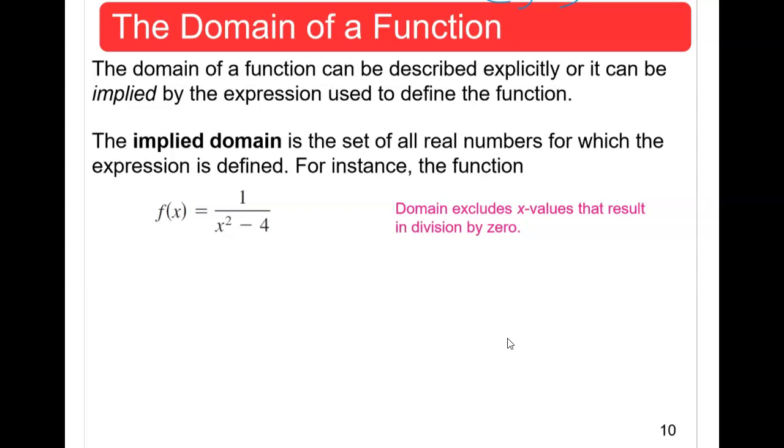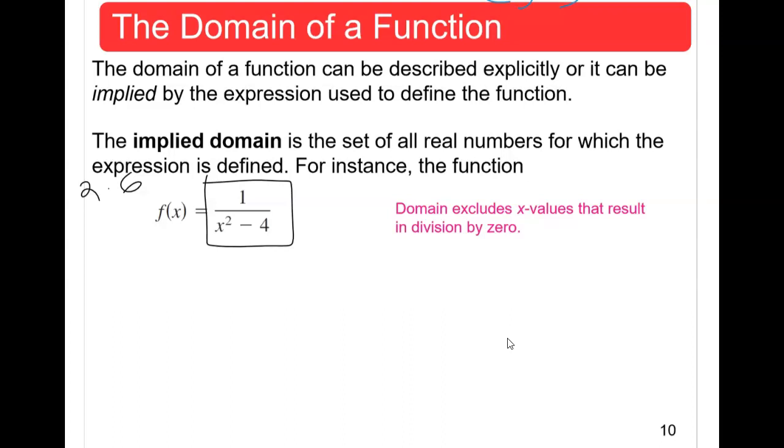So there are some things that we have to learn, and first we have an example here of a rational function, and we will be covering this type of function in section 2.6. We call it a rational function because it's the ratio of two polynomials. One is a polynomial of degree 0, and then x squared minus 4 is a polynomial of degree 2. So that makes it a rational function.